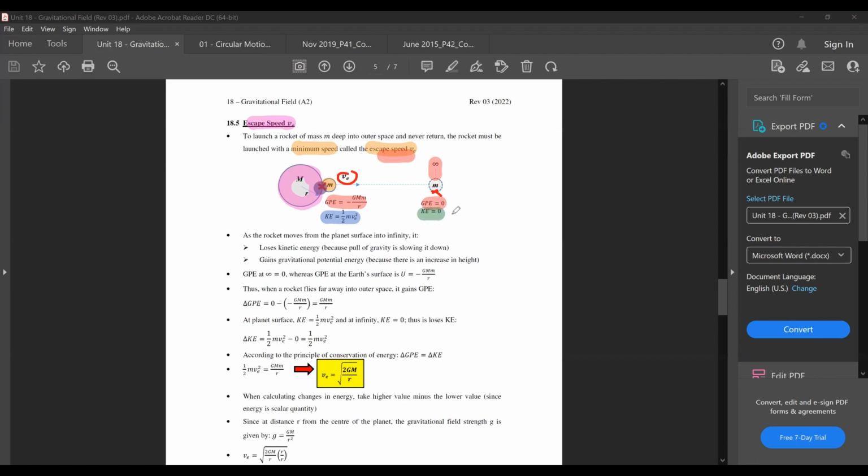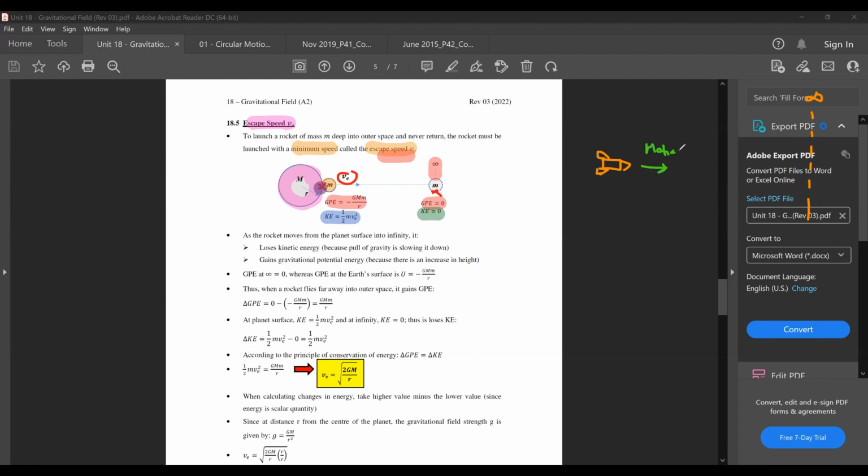Okay, now why do I say that the KE would be 0 here? It is due to this fact. You see, when you launch anything, say for example, you launch a rocket or a satellite, okay, and it moves all the way to infinity. Let's just say that this here is infinity. Okay, your direction of motion is here.